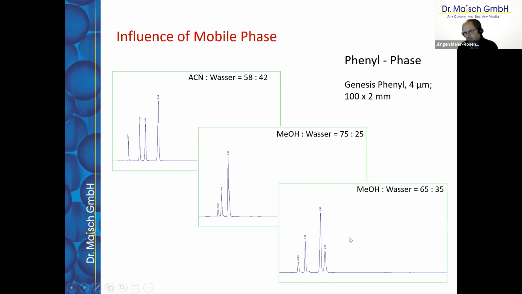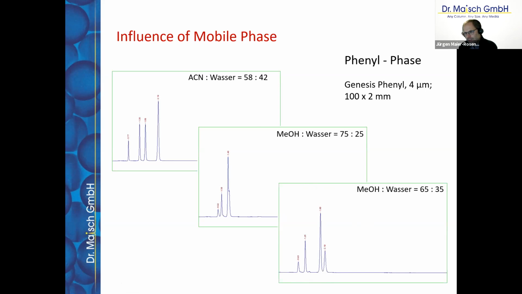So what we have here is the possibility, if we are moving from acetonitrile to methanol, we are increasing the interactions between the pi electron system of the phase and our polar compounds.